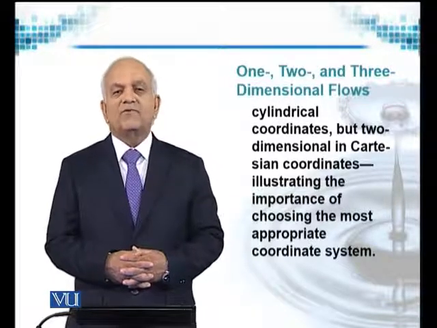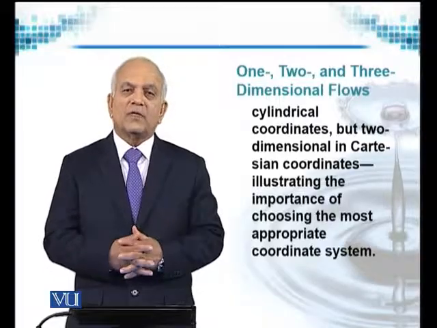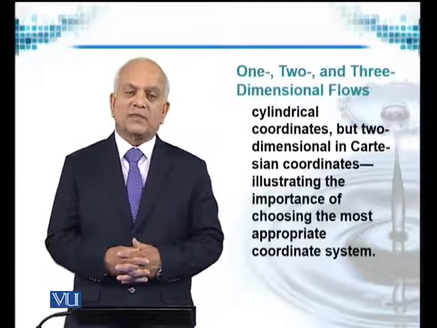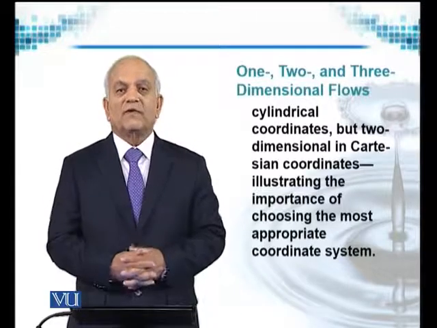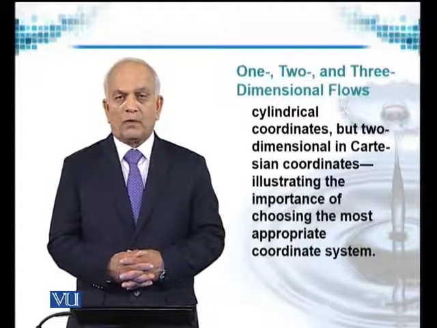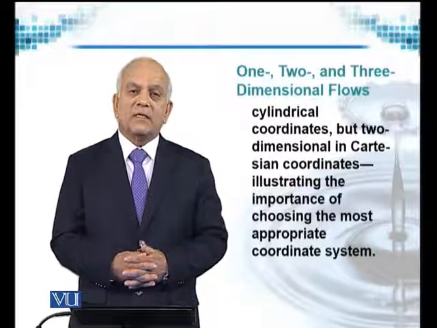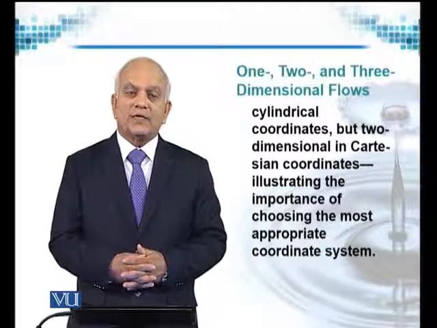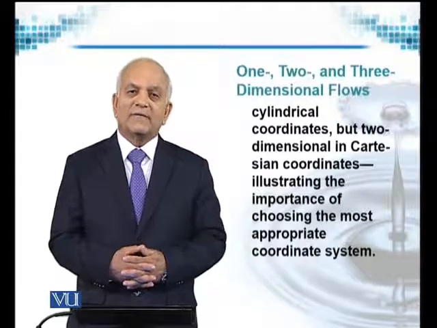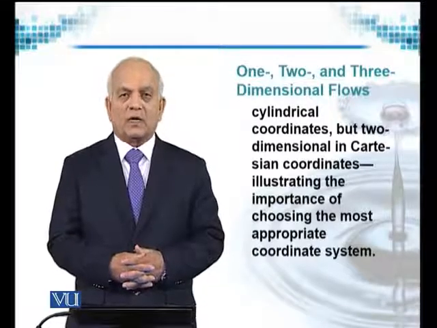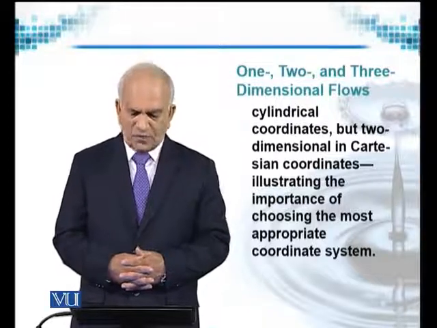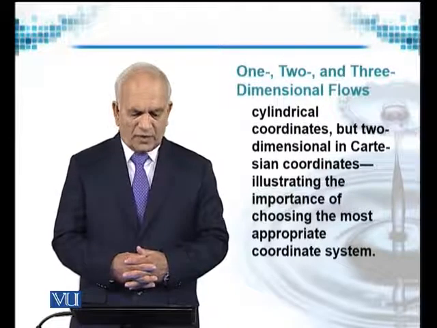That is, if we have to choose x, y rectangular coordinates to solve the problem, then it becomes two-dimensional after having fully developed. And if it is considered only in cylindrical polar coordinates, then it is changing only with respect to r at later time, and that means we don't have to consider the second dimension.